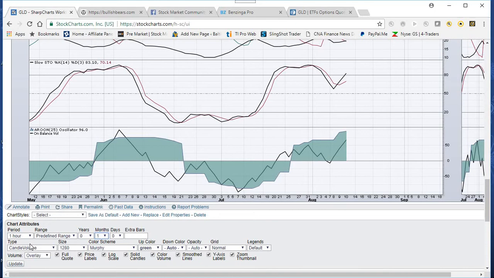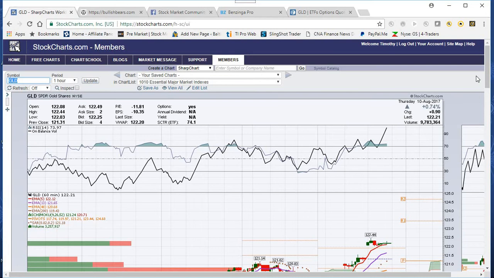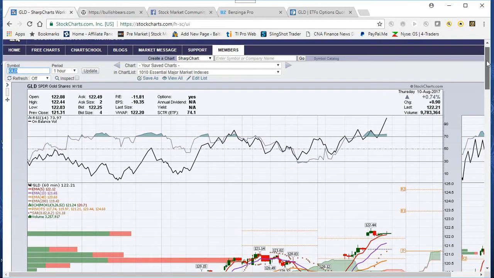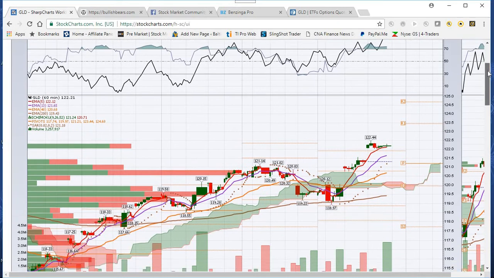And as far as here and now, on the hourly, if you're interested in getting into this trade, I think you still have time to get into it. Hourly chart shows overbought right now, way overbought. So we could be pulling back close to this 121.50 level maybe, even if we get that low.